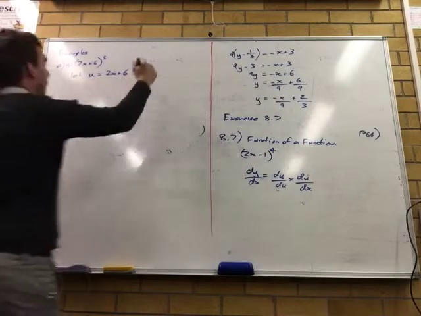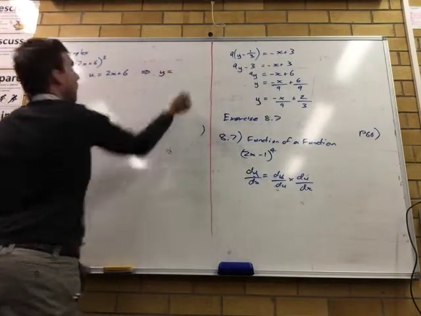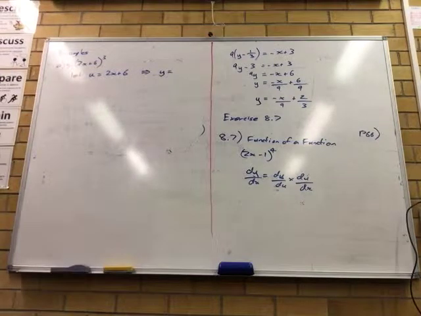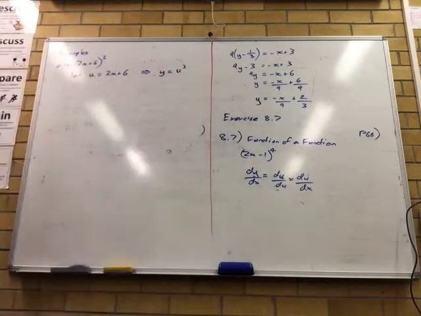Now if I let u equal 2x + 6, what can I write down for what y equals using what I've just used? y equals u to the power of 3. Good. So I've made the substitution: I've got u equals something in terms of x, and y equals something in terms of u.